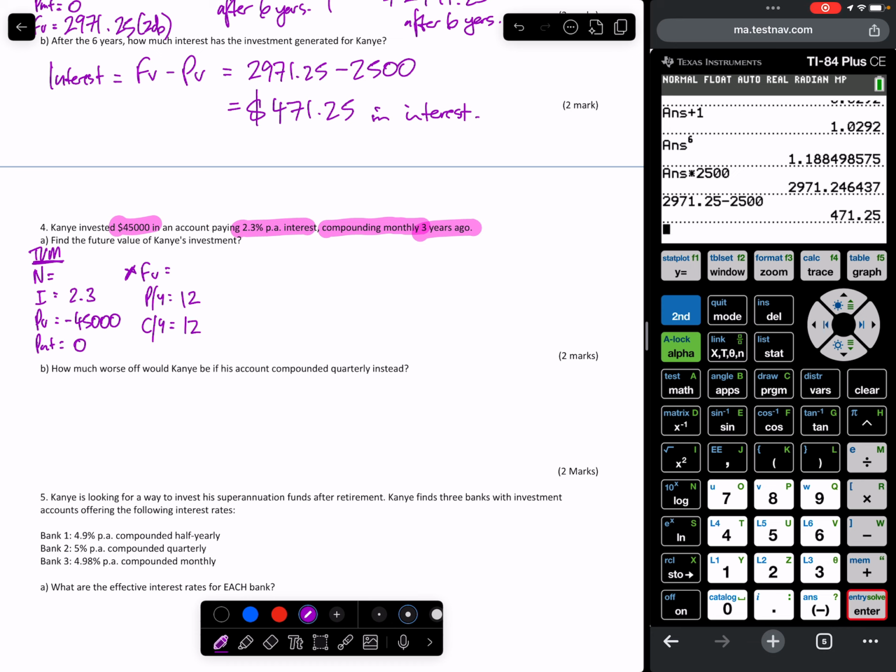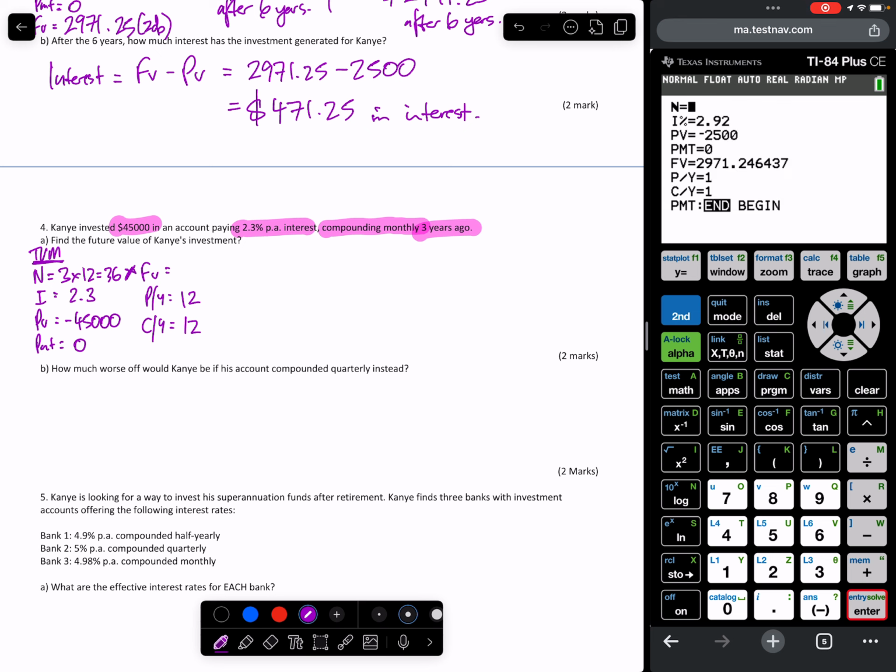N is going to be 3 years times 12 periods per year, which is 36. Apps, finance, TVM solver: 36, 2.38, negative 45,000, 12, alpha, solve. That tells me it's going to be 48,211.45 to 2 decimal places.